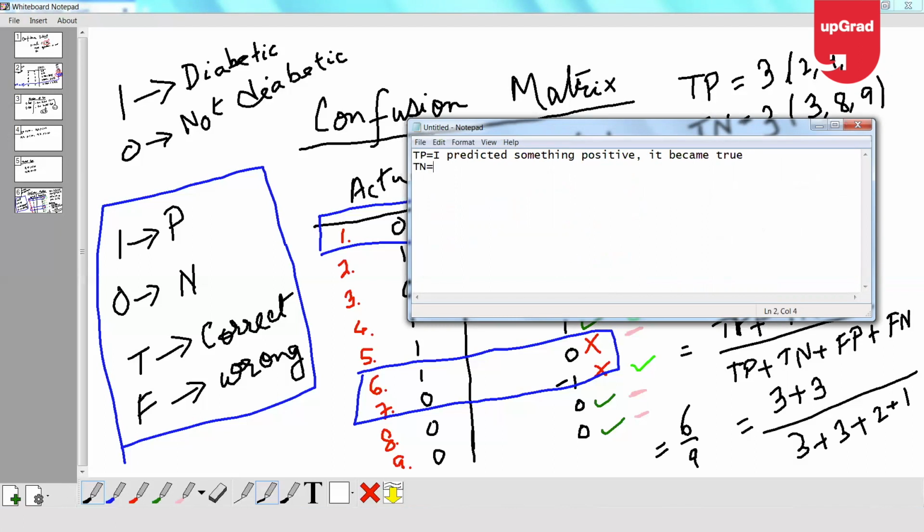True negative is I predicted something negative. It became true. False positive is I predicted something positive.